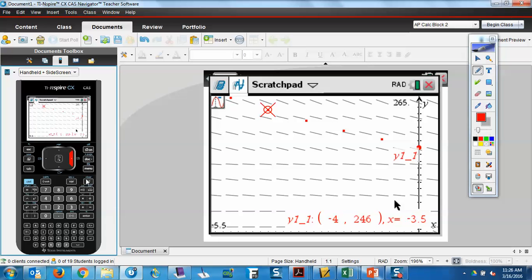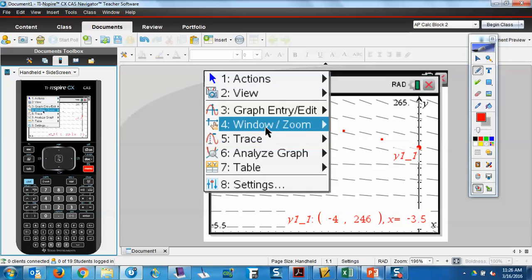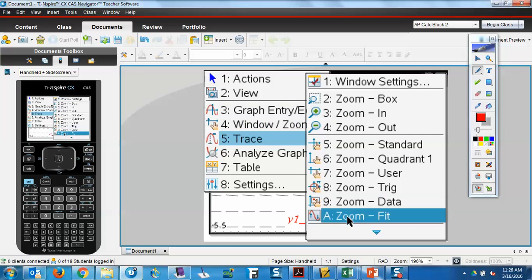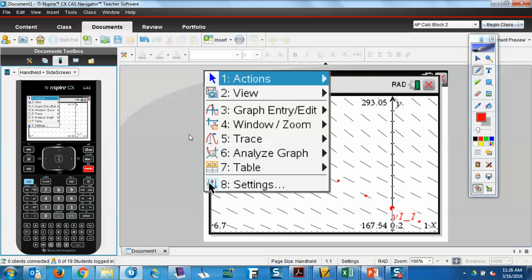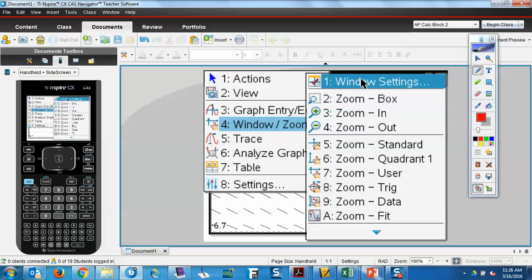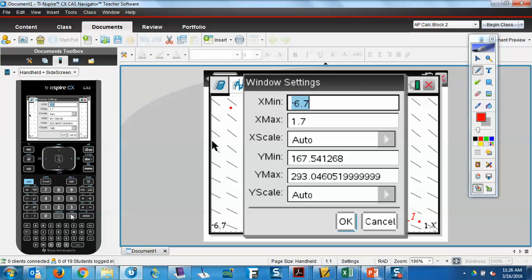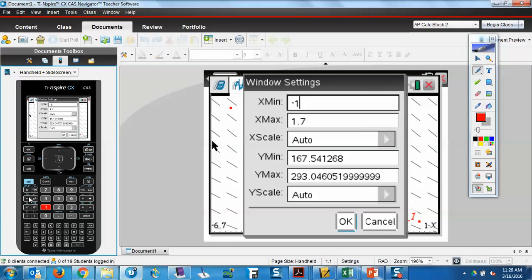If you zoom fit? I'm zoomed out a little more. My axis is so bad. This is weird. So I'm going to go -1 to 6. And I'm going to change my X scale to 1. I'm going to take off that auto. And then I'm going to go my Y min from 0 to 200.